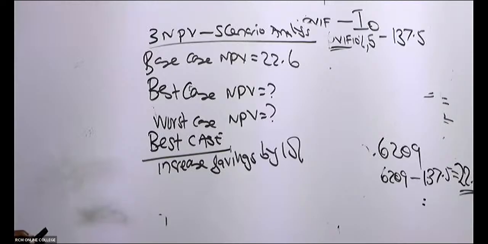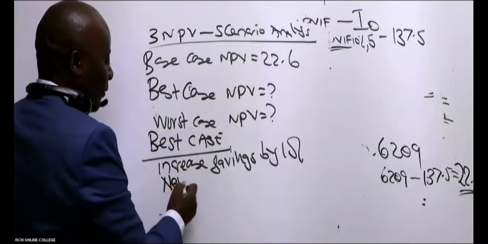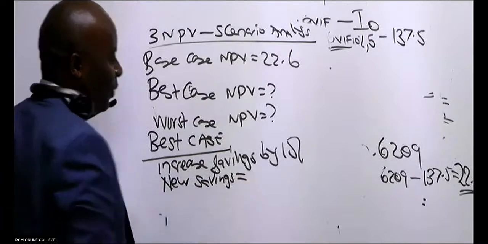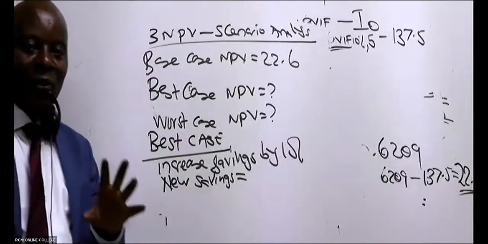Remember, our original savings were 45. So if you increase the savings by 10%, what will be the new savings? Remember the old savings, the PBDT, was 45.